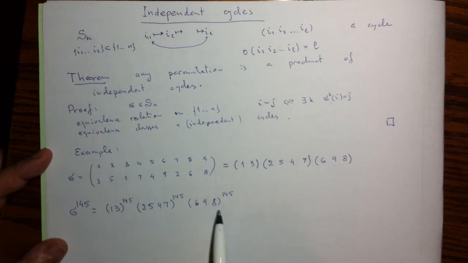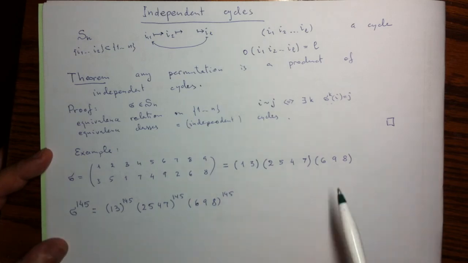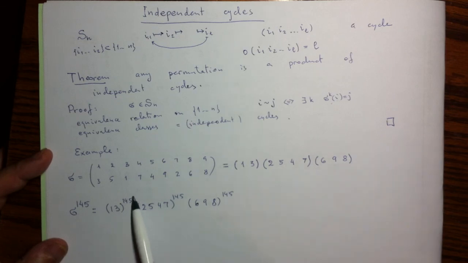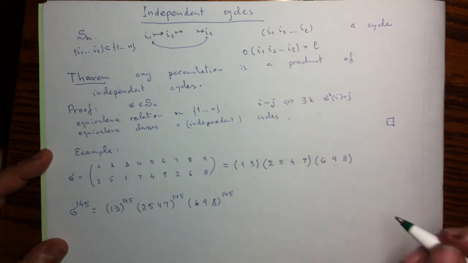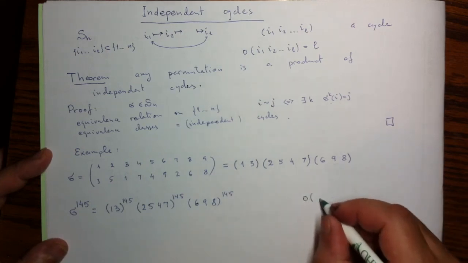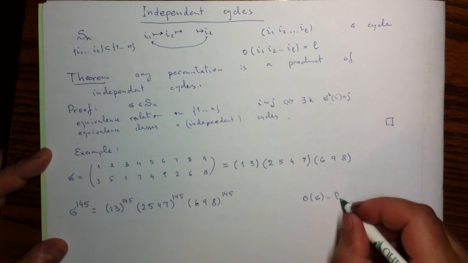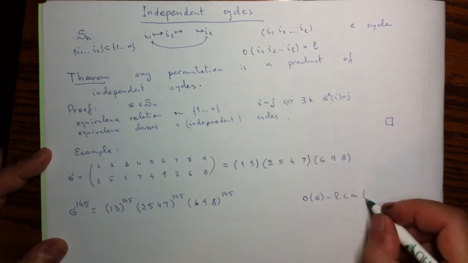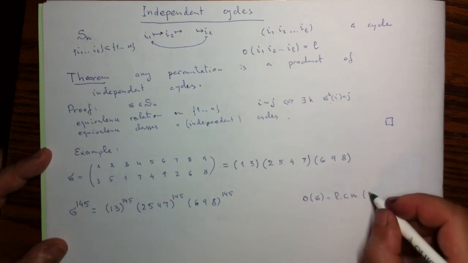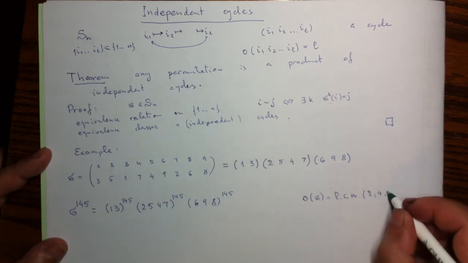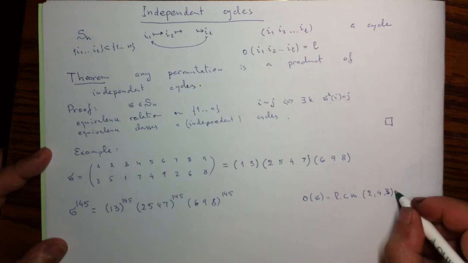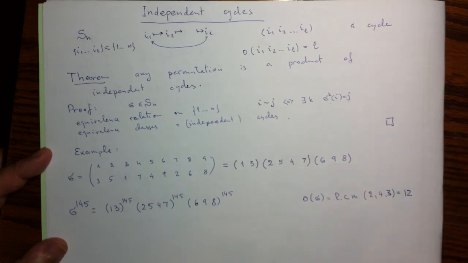So we could see a generic cycling behavior for that permutation. What is the smallest power which is equal to the identity? That smallest power will have to be divisible by 2, divisible by 4, and divisible by 3 simultaneously. It has to be the least common multiple. The order of sigma has to be the least common multiple of the lengths of independent cycles, 2 and 4 and 3. And that is 12.